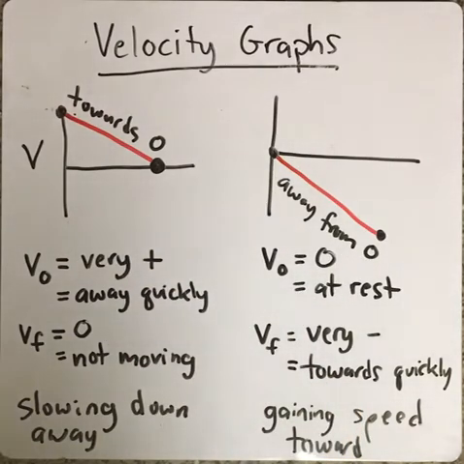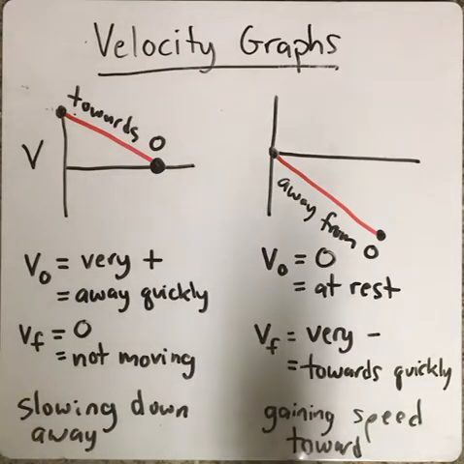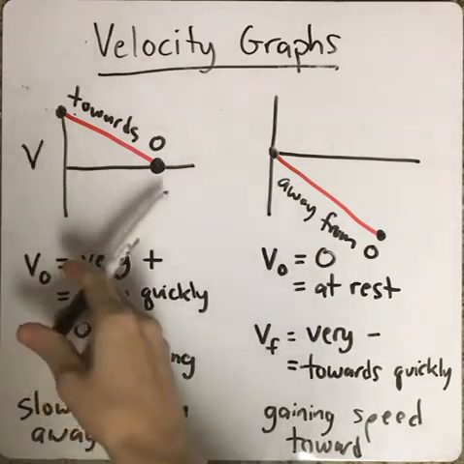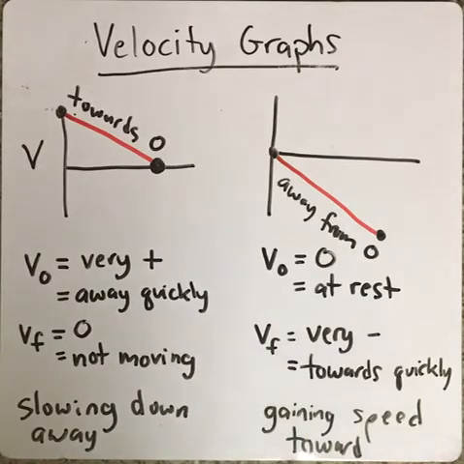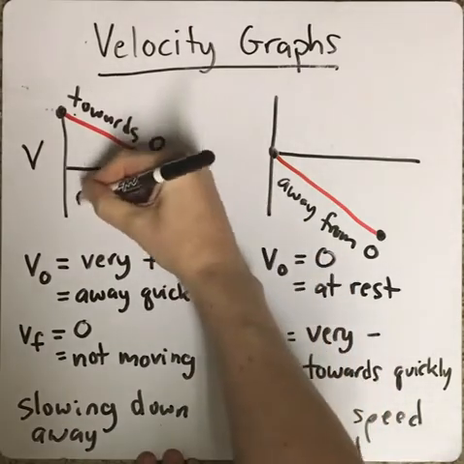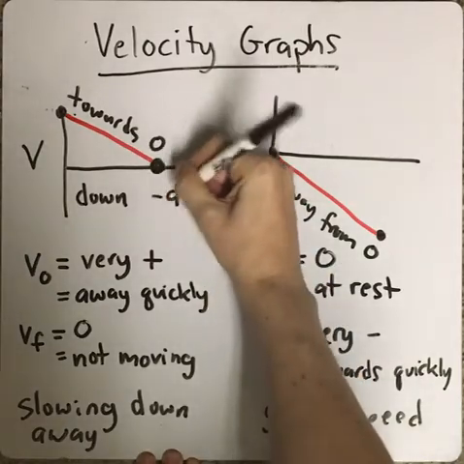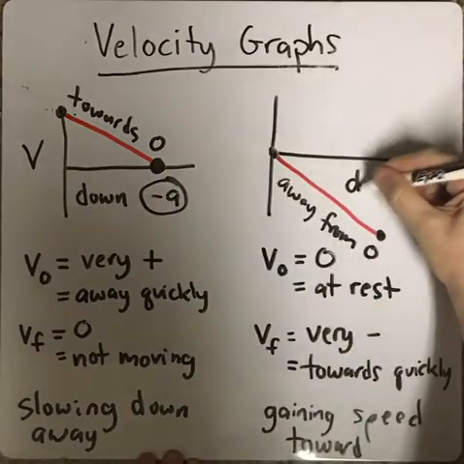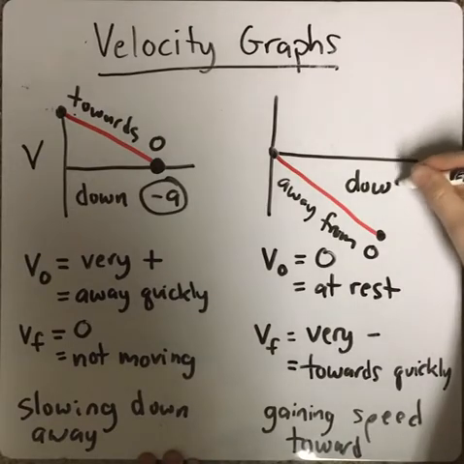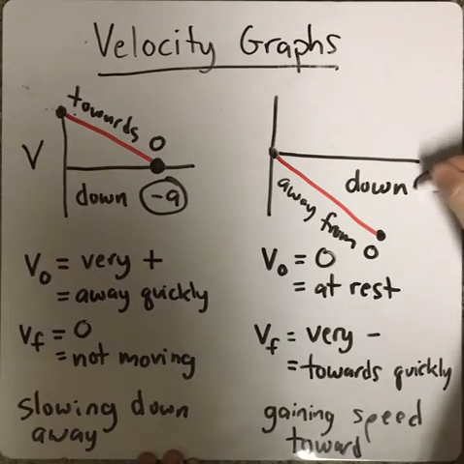If you look at those qualities, you can easily identify what is happening to the object in real life. Remember that the slope of your velocity graph is related to acceleration. Both of these graphs were going downhill, so that means that both of these graphs are examples of negative acceleration.